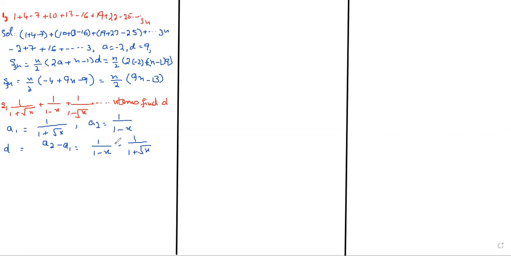Now multiply it like that, cross. We have the LCM, 1 minus x times 1 plus root x, and this is 1 plus root x minus 1 plus x.